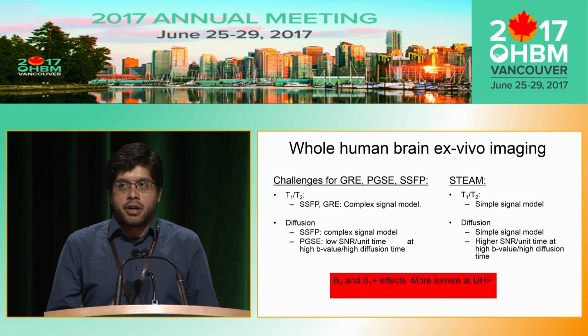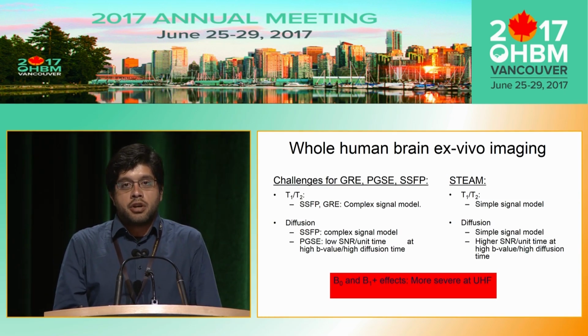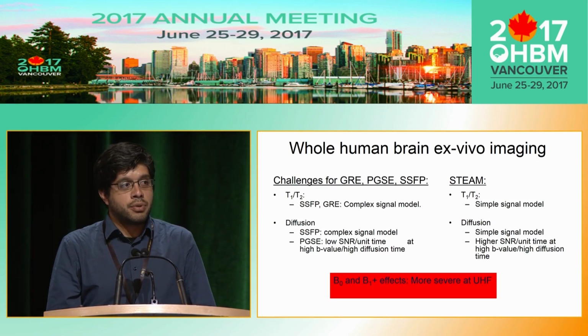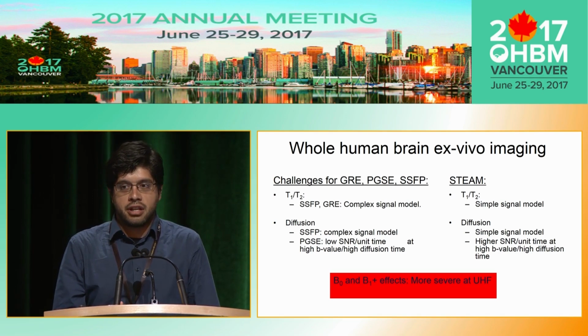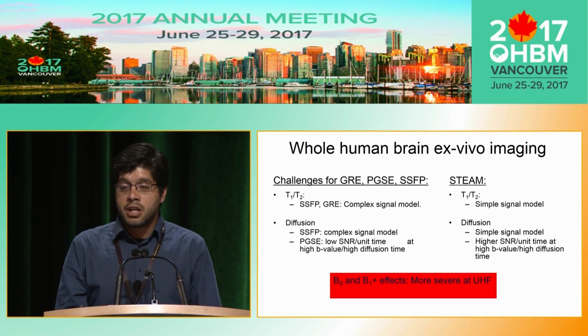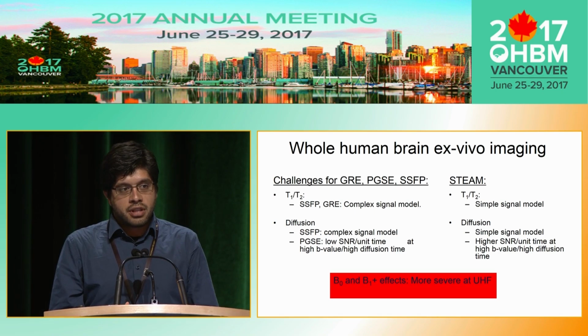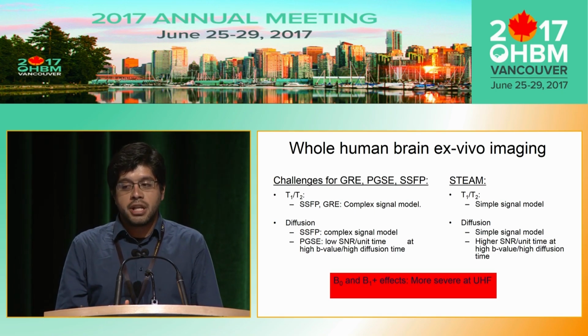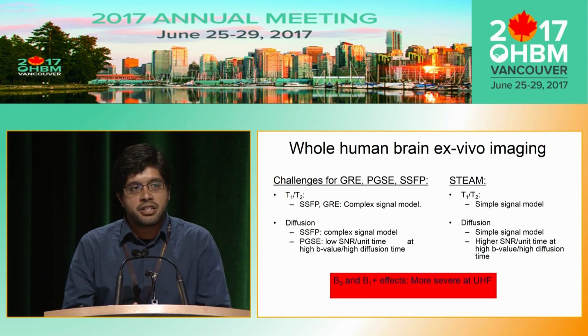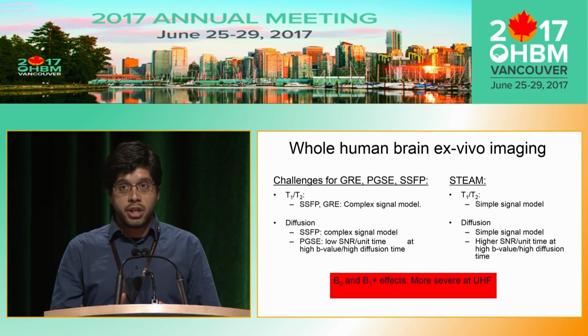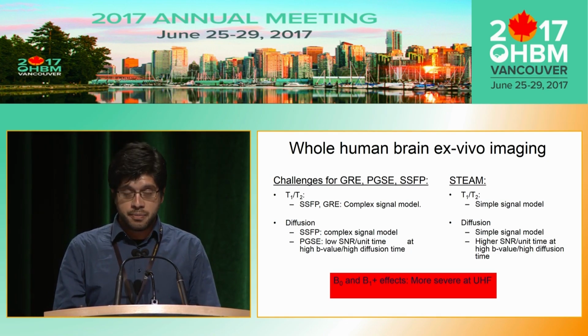Just for a small background, ex vivo imaging, in comparison with in vivo imaging, possesses some advantages such as high-resolution acquisitions. And the use of some sequences, for example the gradient echo or the spin echo, shows some challenges that we have to deal with during analysis.